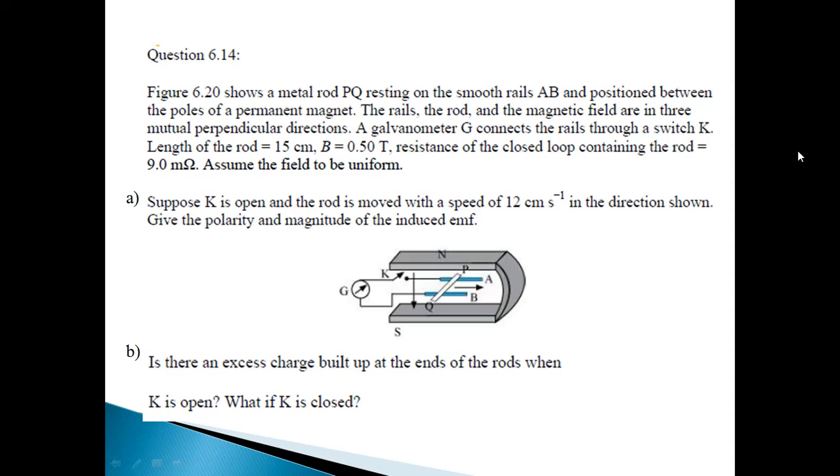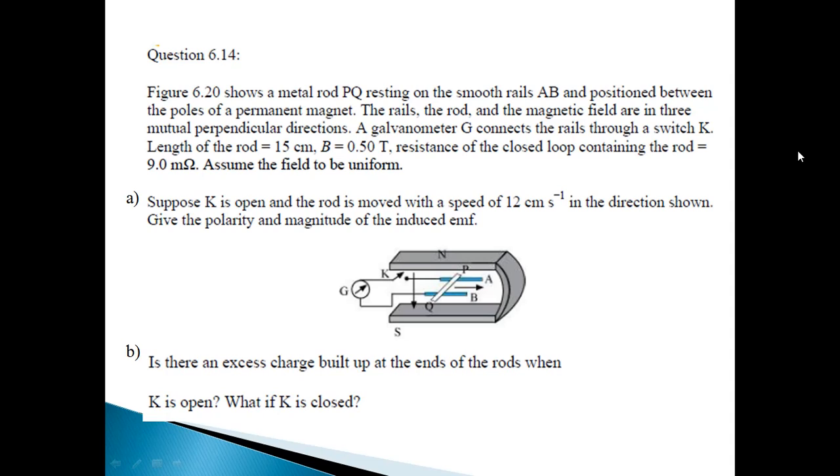Now we have 7 questions for this particular diagram. So we'll work out each one by one. So before we start on the first question A, let us analyze the question and the diagram. You have a metal rod PQ as you see in the diagram. So Q is at the near end and P is at the far end.